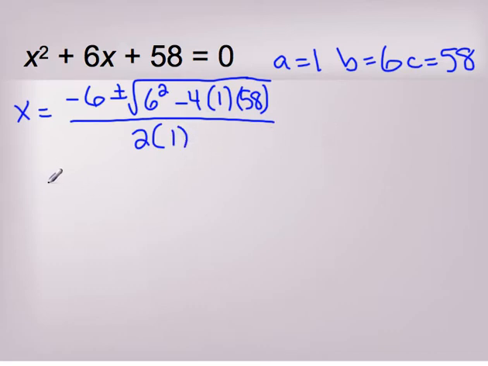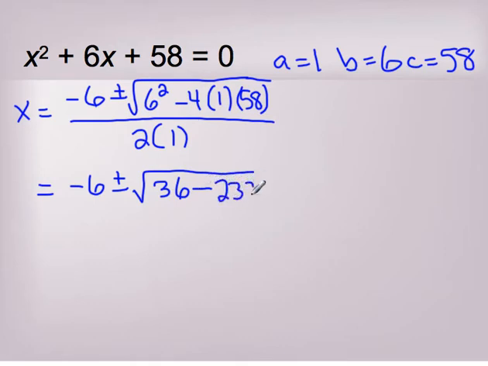Now, moving down, this is going to be negative 6 plus or minus the square root of 36, and that's going to be minus because there's only this one minus sign. And then 4 times 1 times 58, well, that's going to be 232, all over 2.